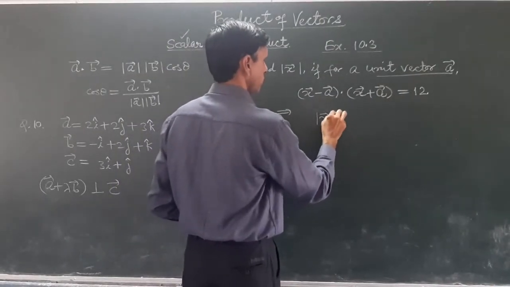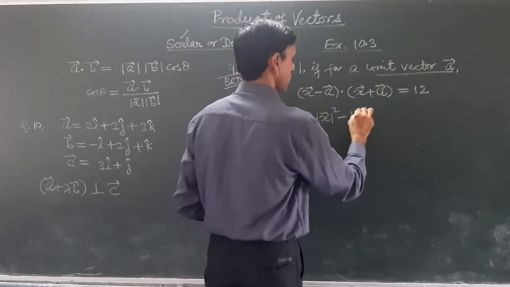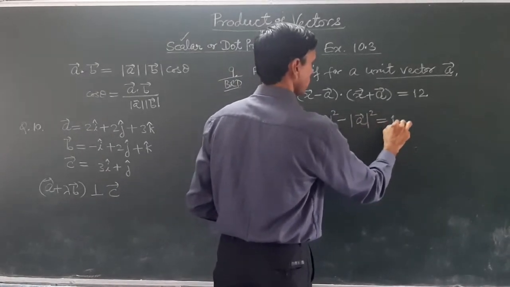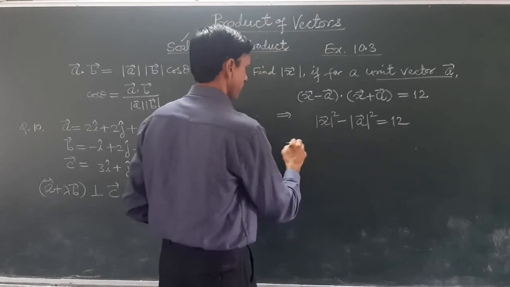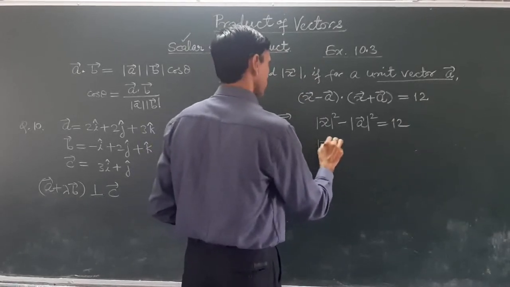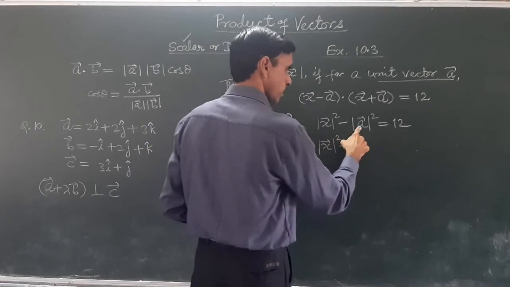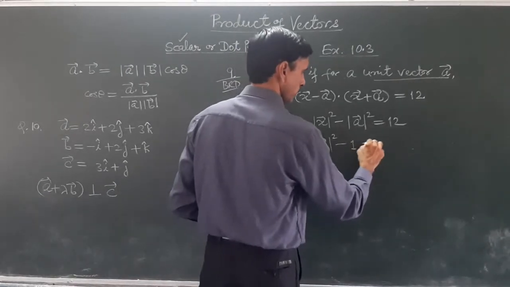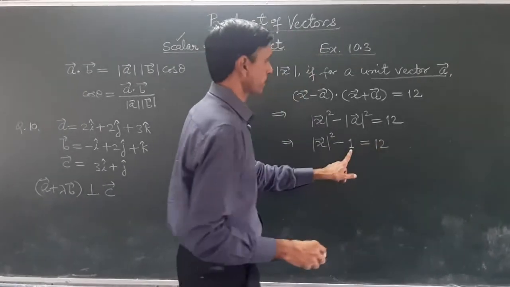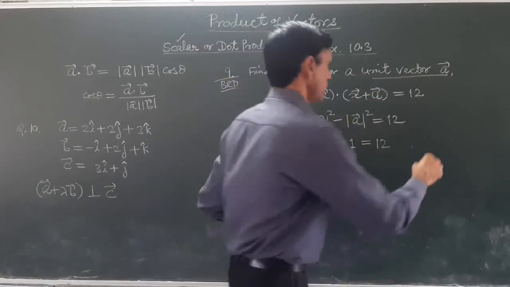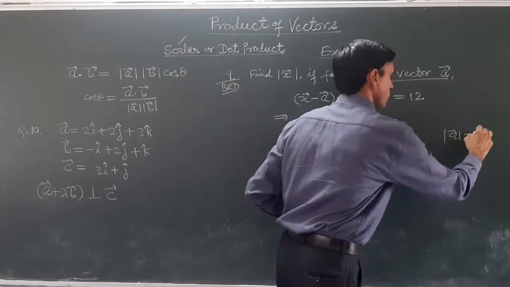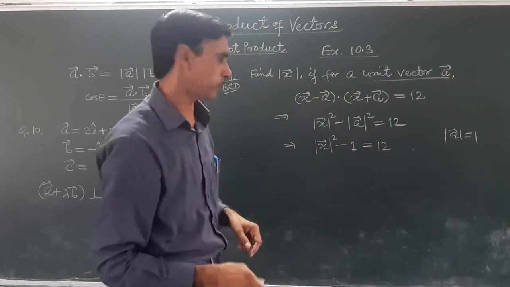चलो देखो a minus b, a plus b, दिस इज magnitude x square minus magnitude a square is equal to 12, magnitude x square. What is magnitude a? It is 1 because a unit vector, so its magnitude is 1.